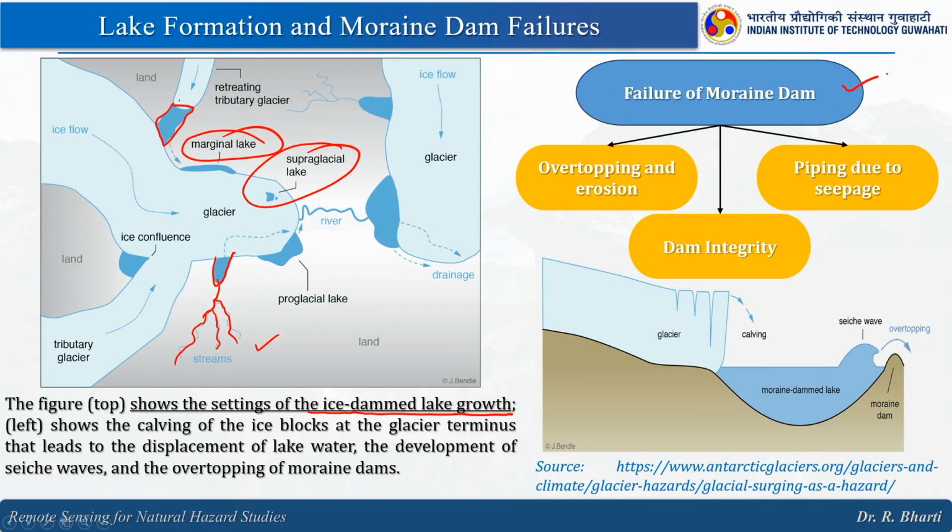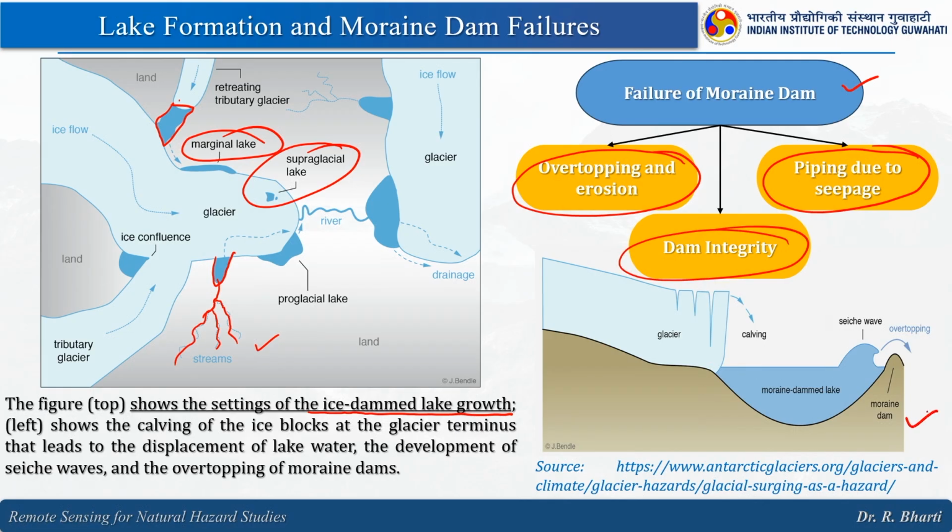Failures of moraine dam are because of two major reasons: overtopping and erosion, and then piping due to seepage and the dam integrity. So, here this particular figure explains beautifully what happens if there is a calving effect in this particular lake.